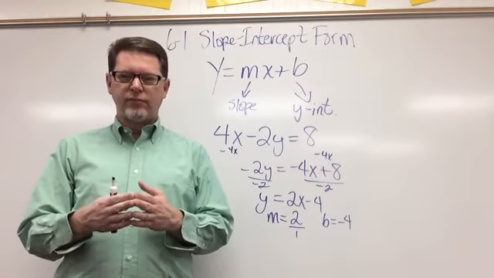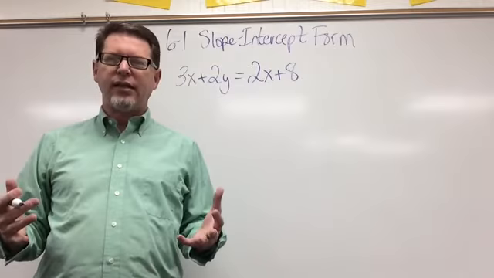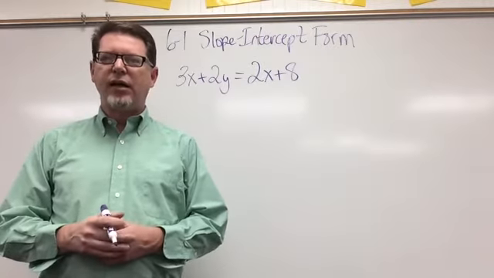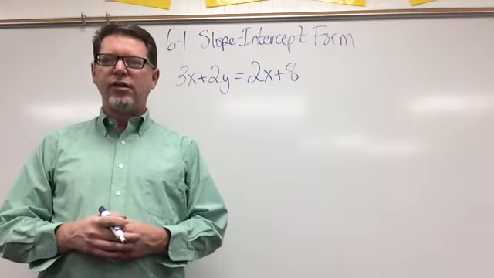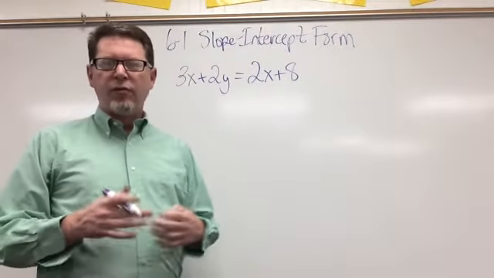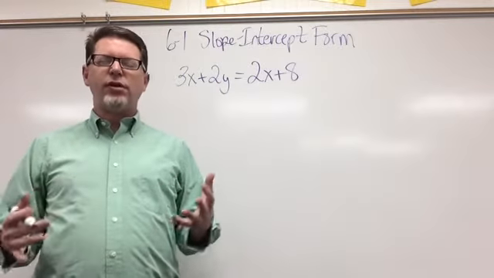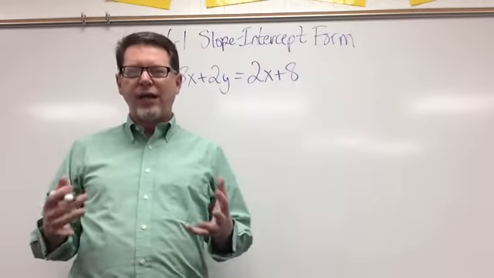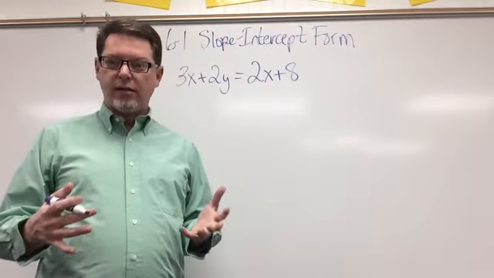by itself. Now what if we're given some crazy equation like this, 3x plus 2y equals 2x plus 8, and it asks me to write the equation in slope-intercept form? Well, first I've got to get all my x's on the same side. And when we were solving equations with variables on both sides, I always told you to start with the variable that was the smallest.